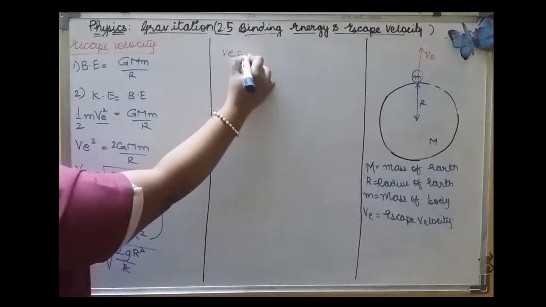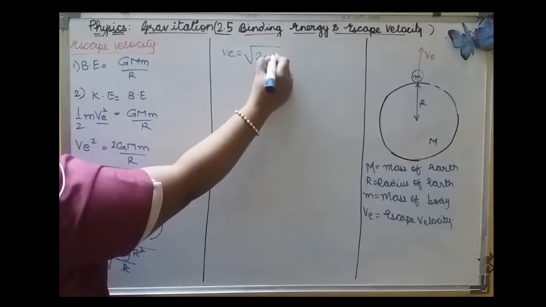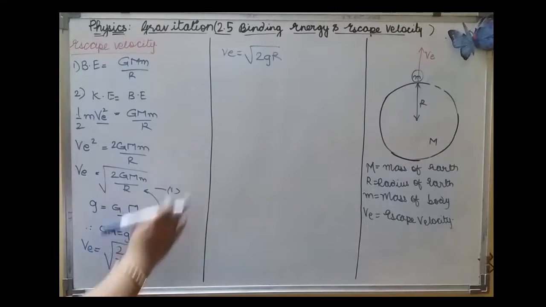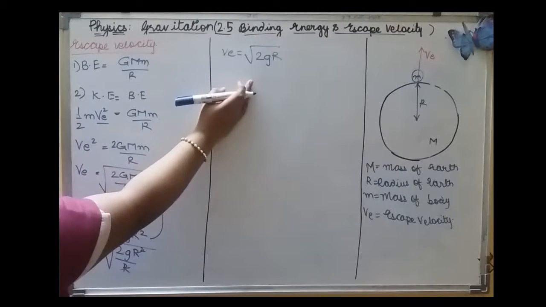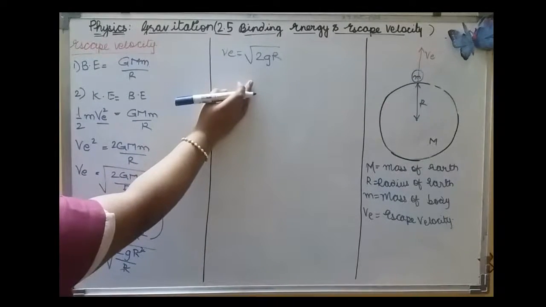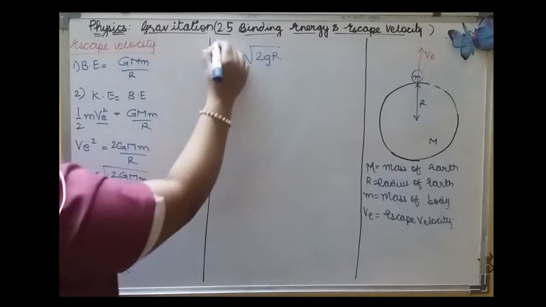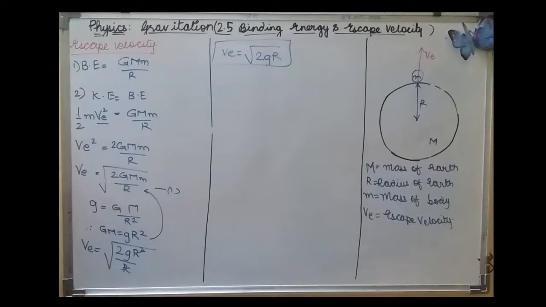Escape velocity is equal to under root of 2gR, which is the expression for escape velocity. Escape velocity depends only upon the acceleration due to gravity and the radius of earth, and not on the mass of the body. So this is the escape velocity.